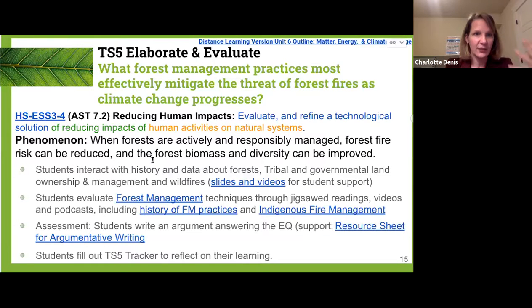They get to interact with some information, videos, articles. We pulled a lot. We have in Beaverton, we're very fortunate. We have an American Indian and Native Alaskan resource person, a person who is a member of an indigenous group. And he helped us collect information and resources for this set of tasks.